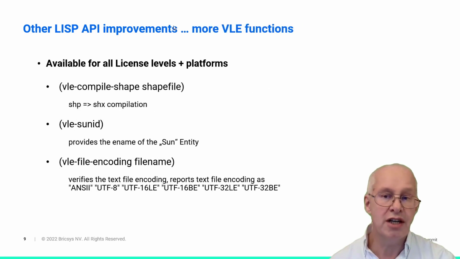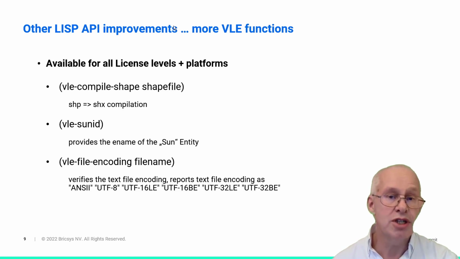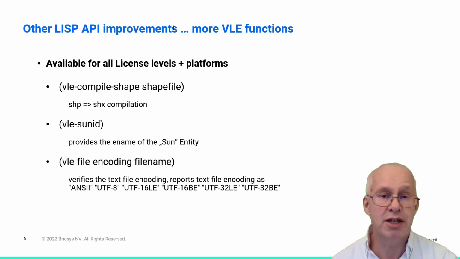A few more functions were added to our VLE functions library. Most useful is a feature to compile SHP shape font files into SHX format. To note, all VLE functions are also provided for other AutoLISP compatible CAD systems by loading our VLE extension LSP file, which is located in the BricsCAD installation folder and also provided by our LISP developer support package.